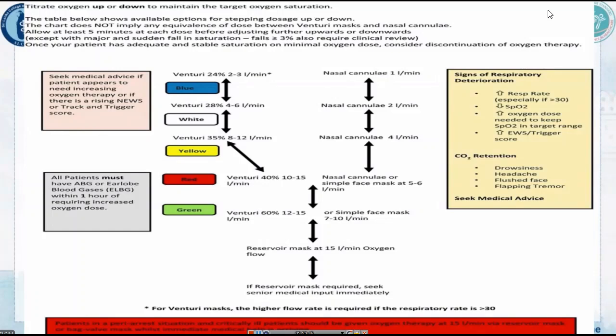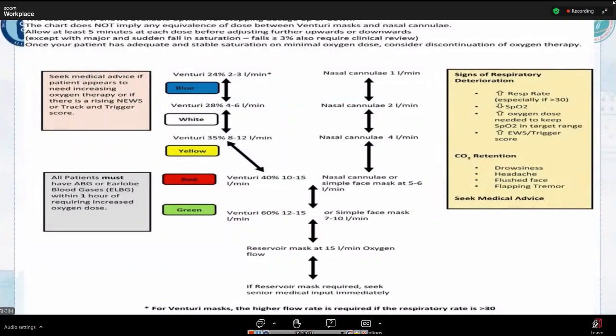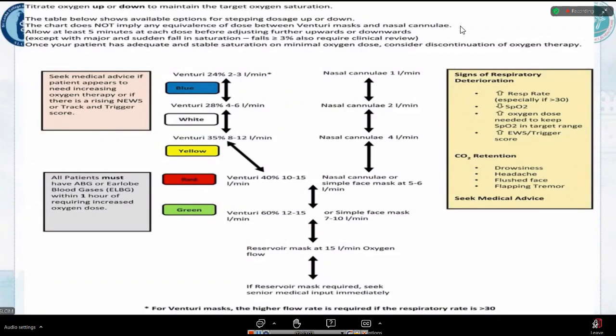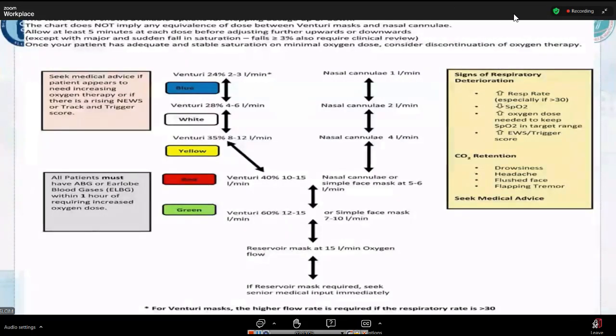So you can go up and down depending on whether you are escalating or de-escalating the care. So if hypoxemic, initial oxygen therapy is nasal cannula, 2 to 6 liters, and increase to a face mask and then to a reservoir bag.